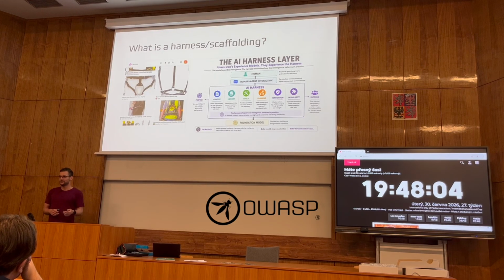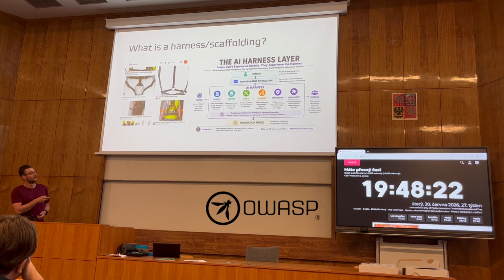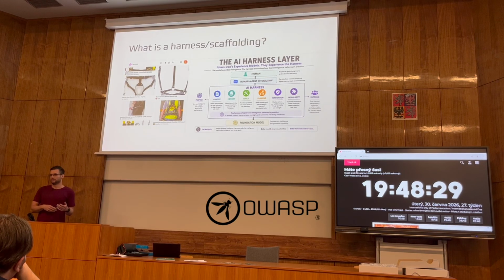And I keep repeating this AI harness or scaffolding stuff. So I tried Googling for it to show you what you can consider a harness. Better take a look at the right side of the screen, and especially this middle box, because that's pretty much what the harness is. You have some foundational model, which would be Opus or Codex or GPT 5.5, or those open weight Chinese models.